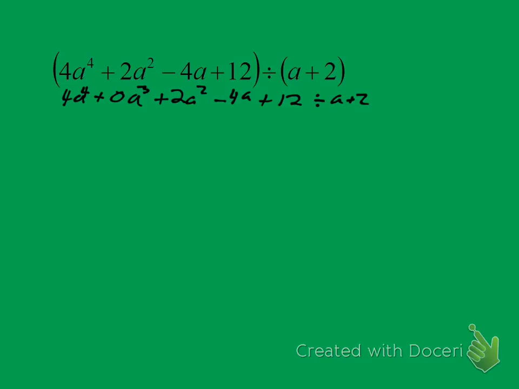Alright, and then you use those numbers. This is important. If anything's gone missing, you got to put a 0 in for it. Alright, so -2, 4, 0, 2, -4, and 12.